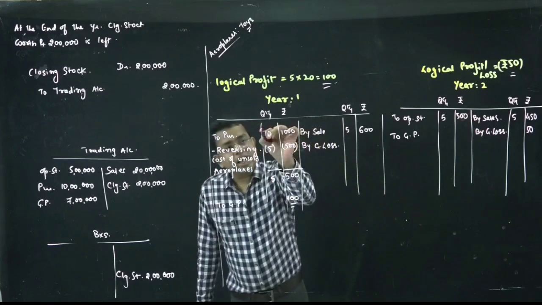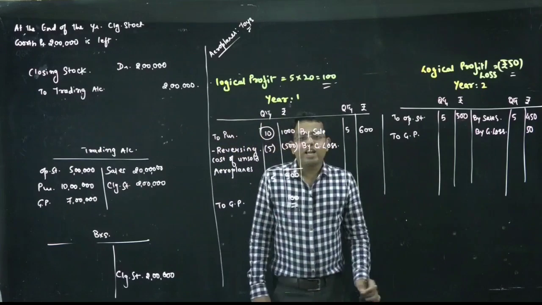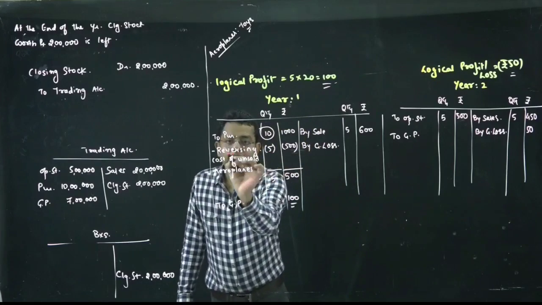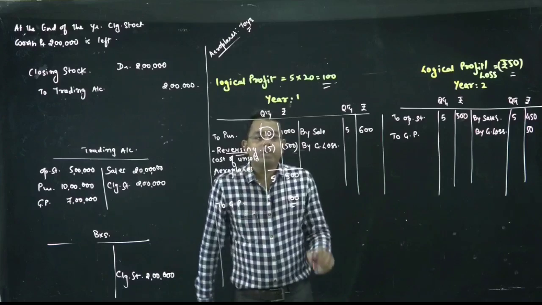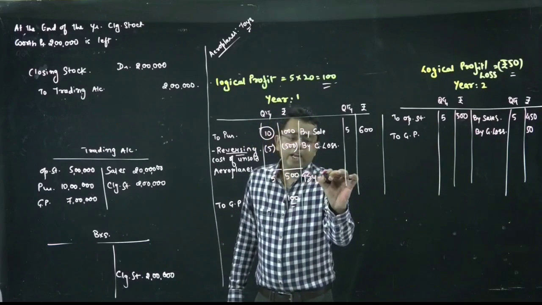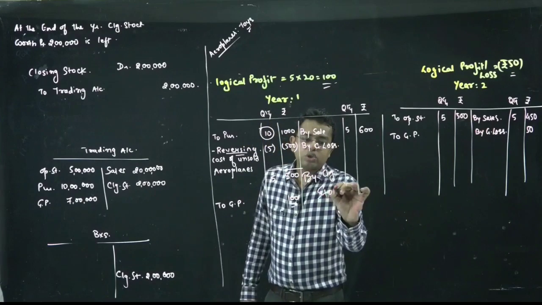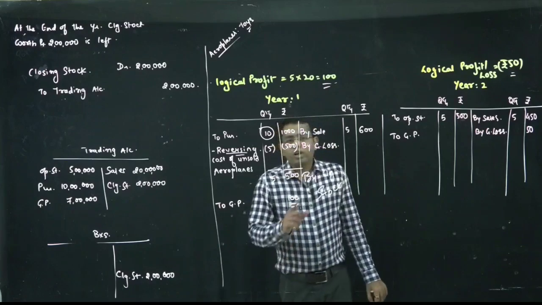But as we had already debited the cost of 10 airplanes, the cost of 5 needs to be reversed. How are we reversing? Not as a minus to purchase, but by closing stock. I hope you are understanding.